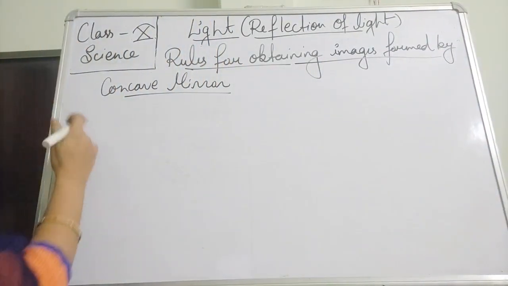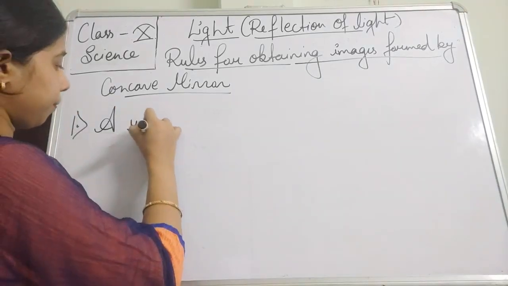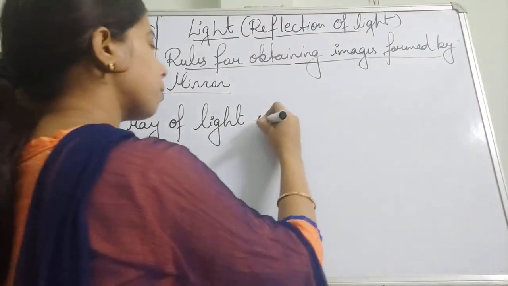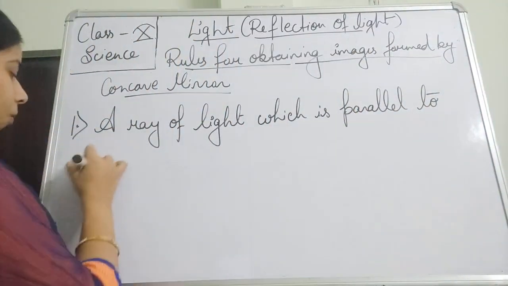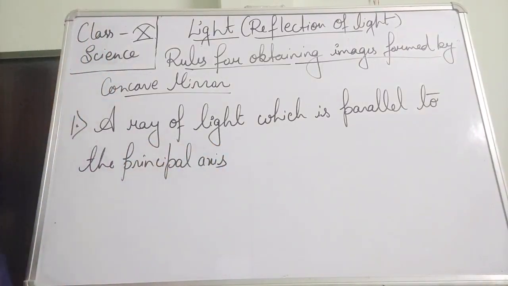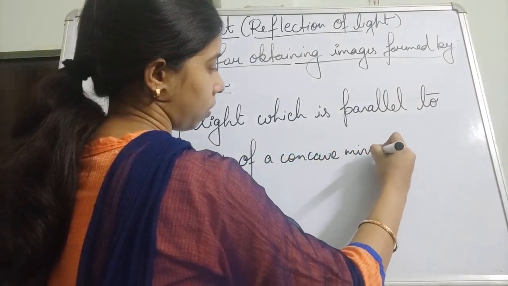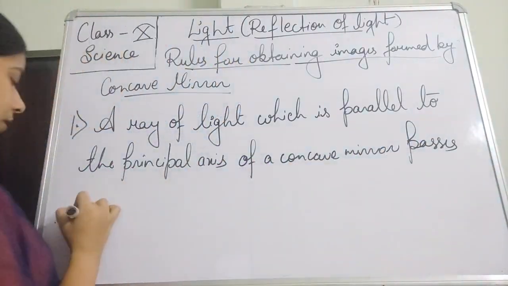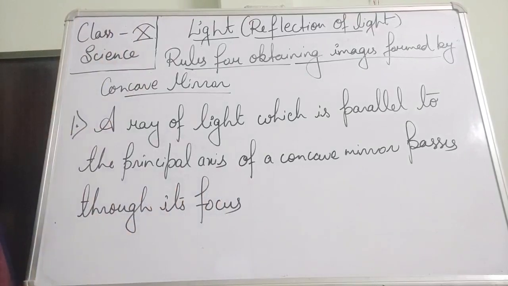Looking at the rule, the first rule is, a ray of light which is parallel to the principal axis of a concave mirror passes through its focus after reflection from the mirror.